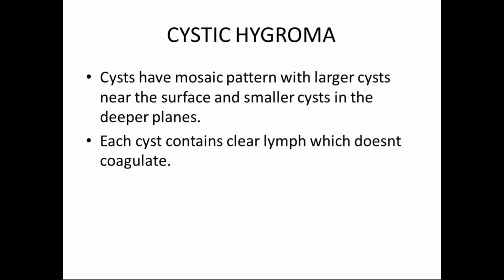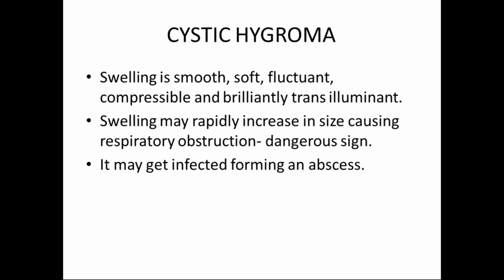Cysts have a mosaic pattern with larger cysts near the surface and smaller cysts in the deeper planes. Each cyst contains clear lymph which doesn't coagulate. Swelling is smooth, soft, fluctuant, compressible, and brilliantly transilluminant. Swelling may rapidly increase in size, causing respiratory obstruction.